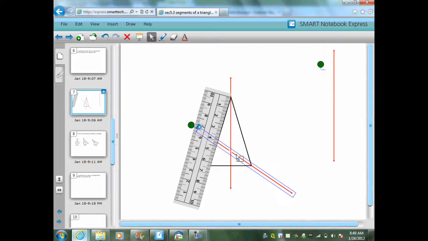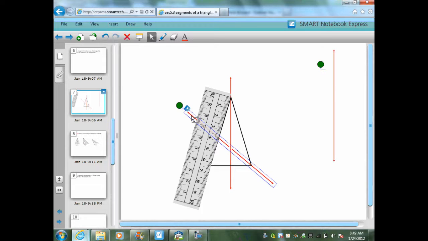It already is. Then I'm going to rotate it so it can go through the vertex and intersects the midpoint of its opposite side. The midpoint is going to be at 3.2, since the segment is at a length of 6.4.